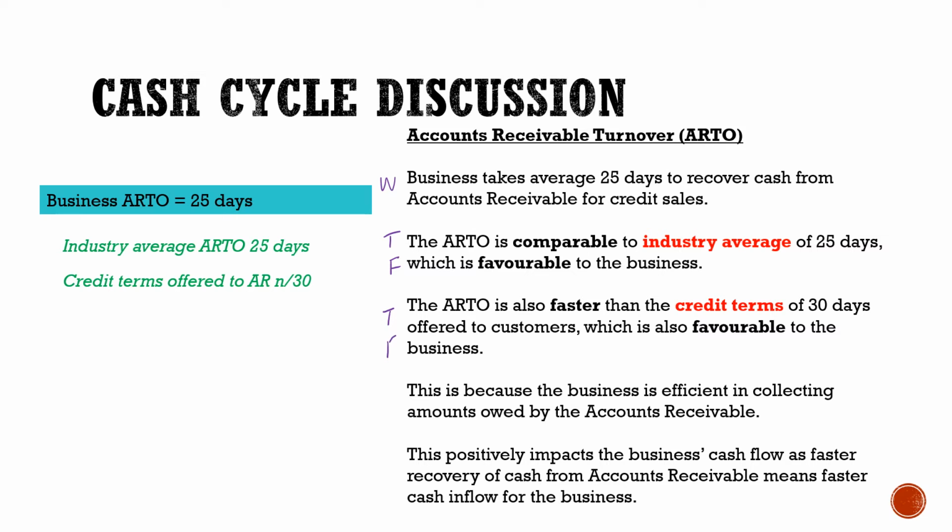And another T and F here. This is because the business is efficient in collecting amounts owed by the accounts receivable. That's the cause. And lastly, this positively impacts the business cash flow, as faster recovery of cash from accounts receivable means faster cash inflow for the business. And that would be the effects on the business cash flow.